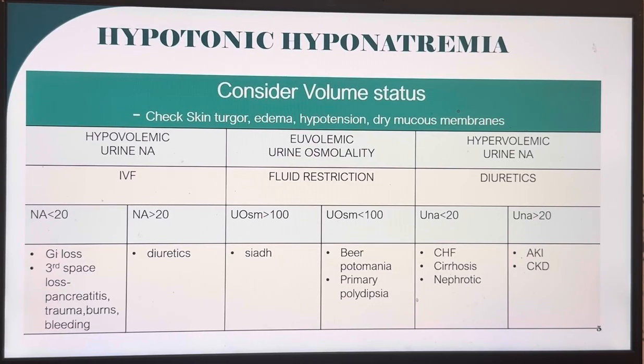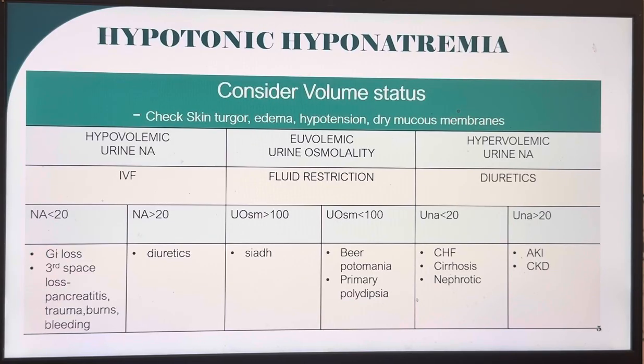So it could be due to GI loss, like nausea, vomiting, diarrhea, or due to third space loss like bleeding, trauma, burns, pancreatitis. Next, if the urine sodium is more than 20, that means kidneys are not concentrating properly, most probably due to diuretics. So you stop the diuretics and give IV fluids.